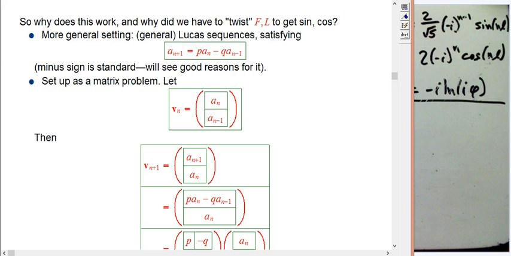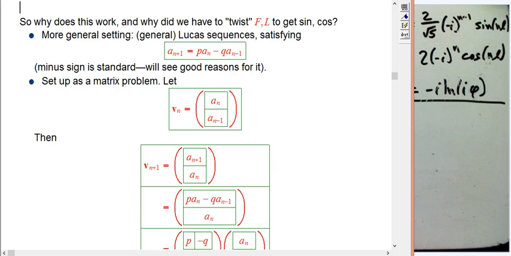And this is a really great way to analyze Fibonacci and other recursively defined sequences, even if you have no interest in this connection to sines and cosines, but it particularly explains what's going on in this setting. So if you've taken a standard differential equations and linear algebra course, that's a perfect prerequisite.